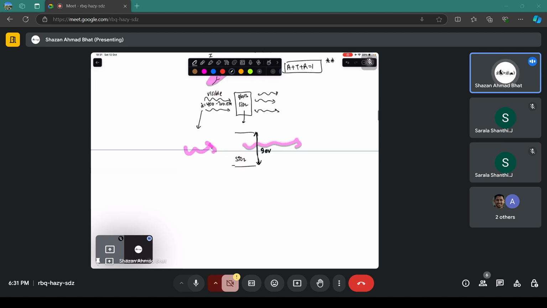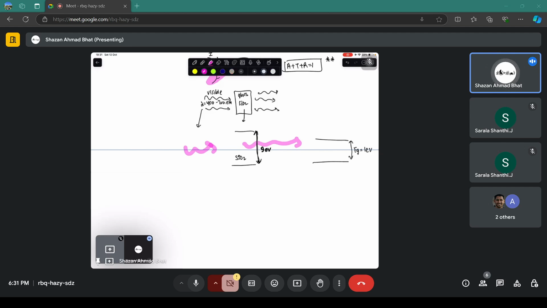Now, on the other hand, if you have a lower band gap system, where the energy band gap is maybe 1 electron volt, it may so happen that if light in the visible region comes in, some electrons will get excited. That means some part of the light will get absorbed. And again, not all of the energy will get absorbed.